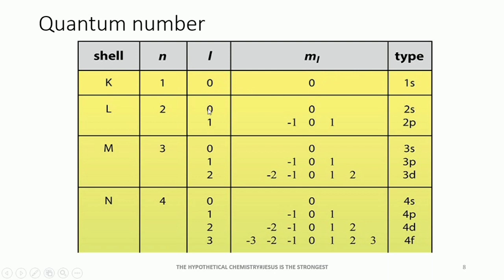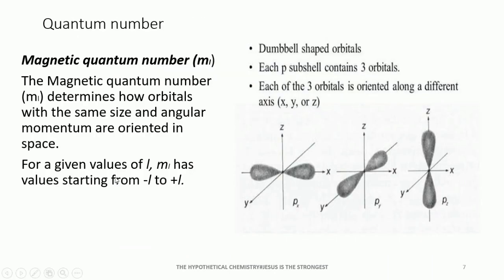When we come here, for the second shell we have angular momentum quantum numbers 0 and 1. For 0, we have just 0. Then for the magnetic quantum number for the 1, we start from the negative of that angular momentum quantum number and end at the positive of that angular momentum quantum number. We just learned that from here.